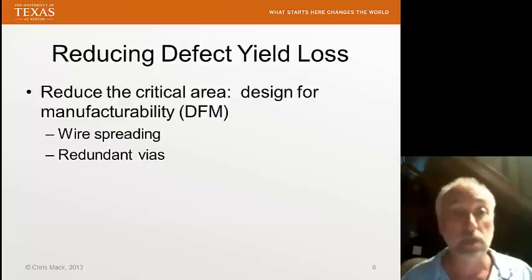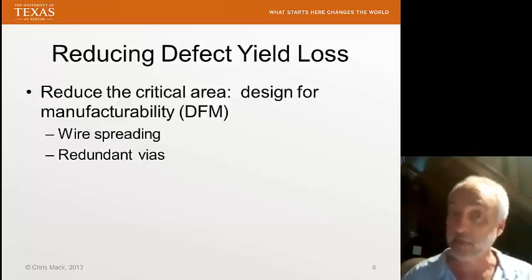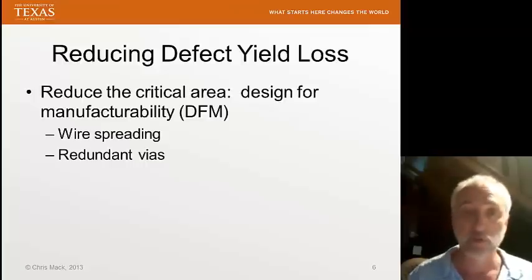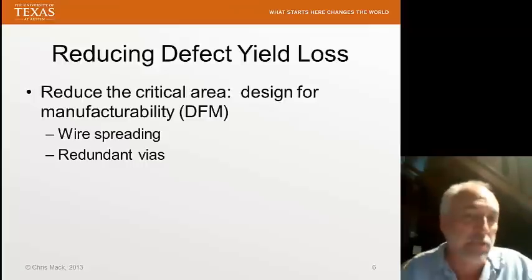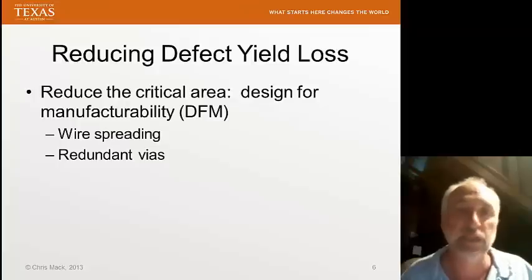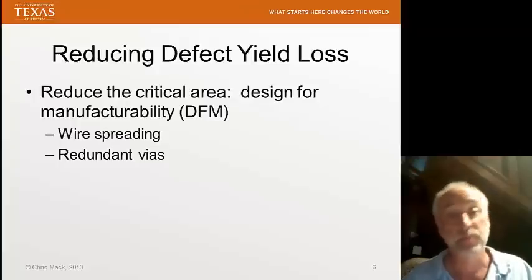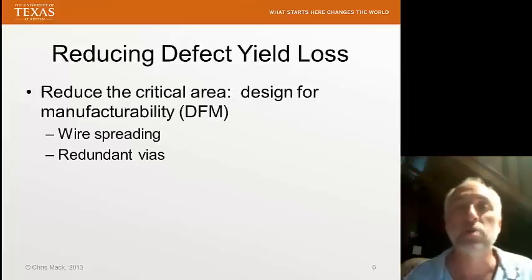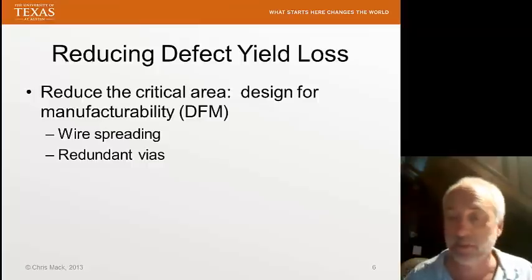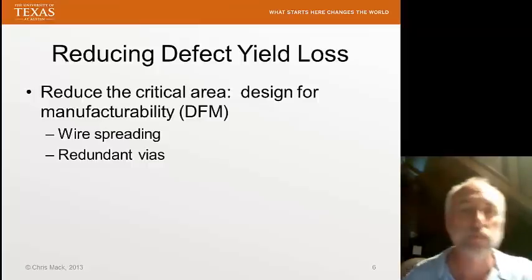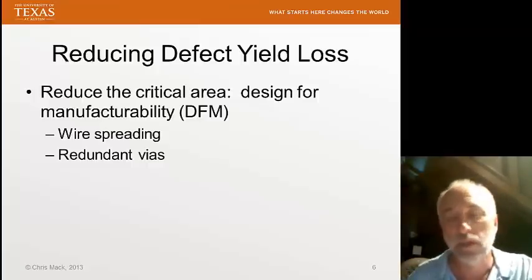That's called a redundant via. If a defect lands on one of them, it doesn't do anything because I have a backup. The probability of getting two defects, one landing on each via, becomes very, very small. So I can dramatically reduce the critical area if I have room on the chip to put redundant vias. Not every chip allows that, but if I can, that will be very valuable.